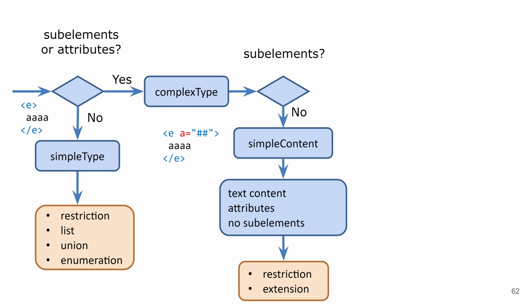And let's first take a look at what happens when the element has attributes but no sub-elements. In that case, we aim for a simple content definition. And a simple content can be either text content or, again, a simple type, but we can have attributes here.